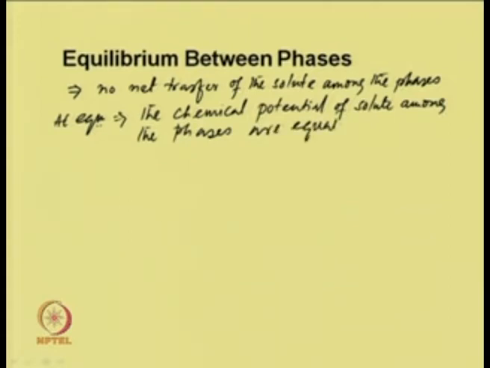So, the equality of the chemical potential tells the equilibrium state, and at that time there will be no net transfer of the solute among the phases.